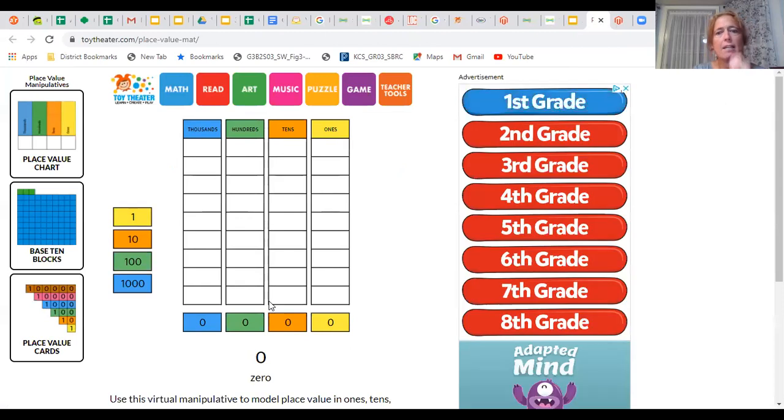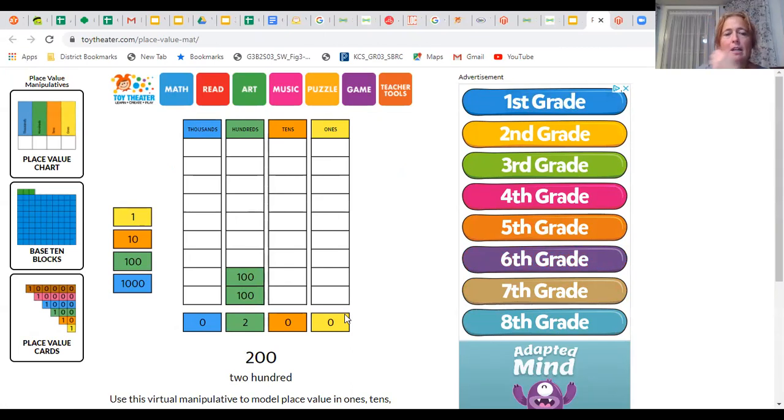Okay, so here we are with our mat. Here's our hundreds place, here's our tens place, here's our ones place, okay? If it's a multiple of 100, I could put one set of 100, two sets of 100. Okay, so here's the number 200.